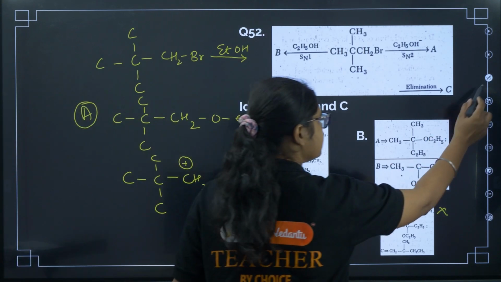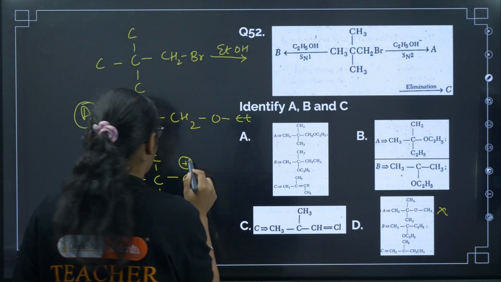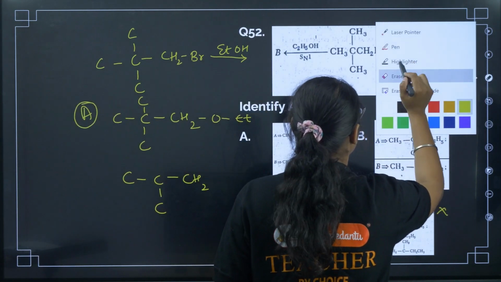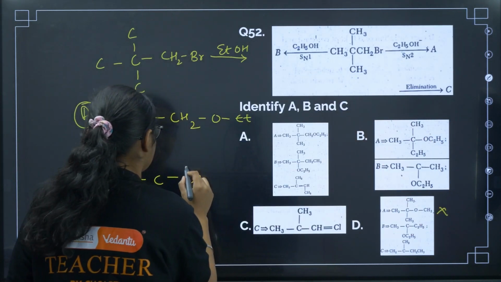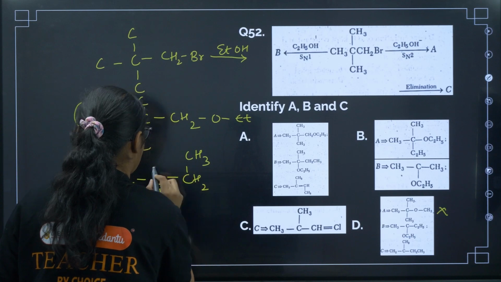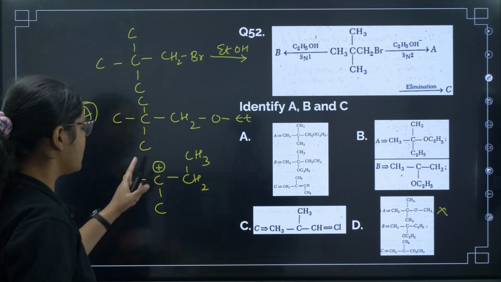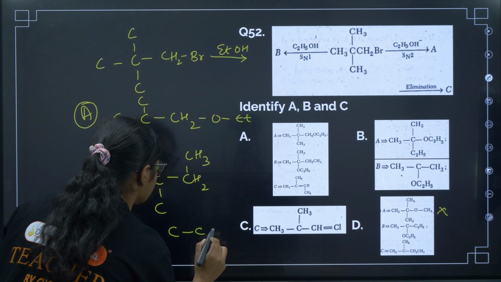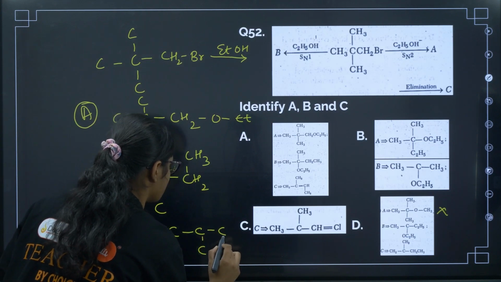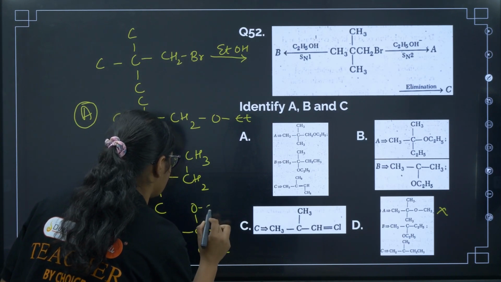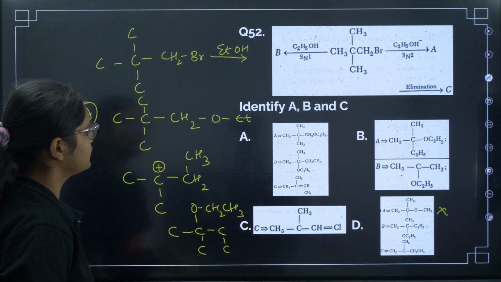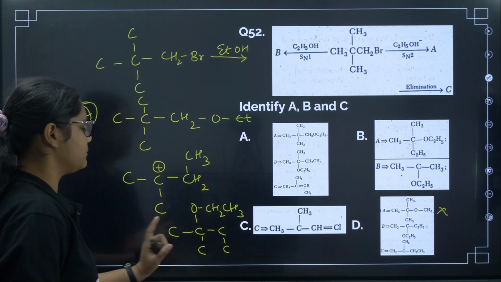So that is why we get a shifting, and here there will be a CH3 group and here the plus charge is formed. Now this one can take a nucleophile, that is OC2H5, to give the compound like this. Right, so again this is your B product.